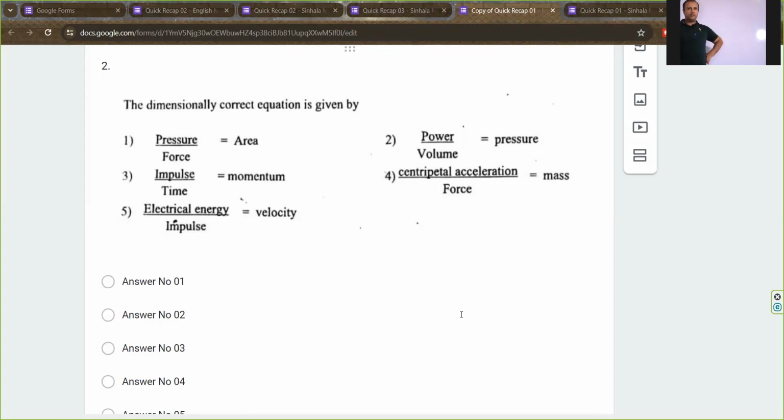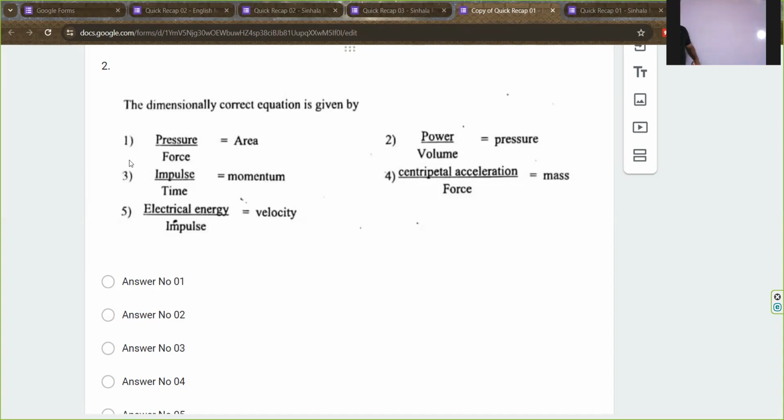The first one, actually, you can omit. You know pressure is equal to force over area. Therefore, the first one is wrong. Pressure is equal to force over area, not force into area. The second one, power over volume.